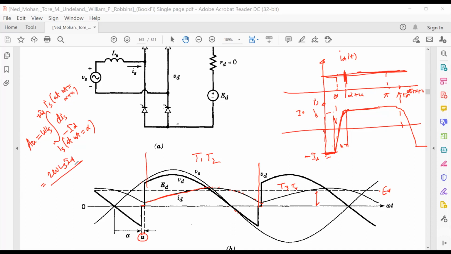Okay. If the output current is constant, then from that you can always plot the IS. Now if this one is not constant, rather it will have a wave shape like this.